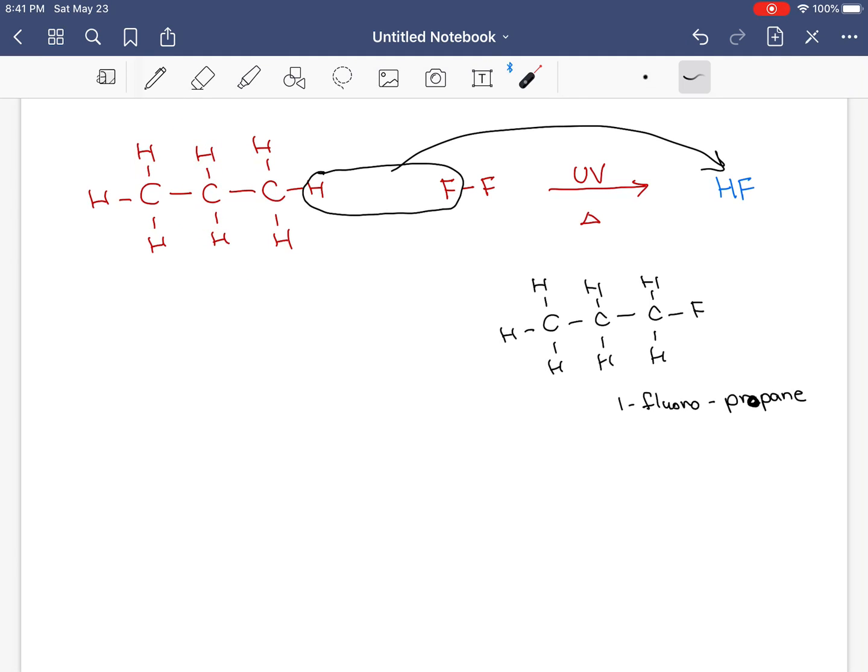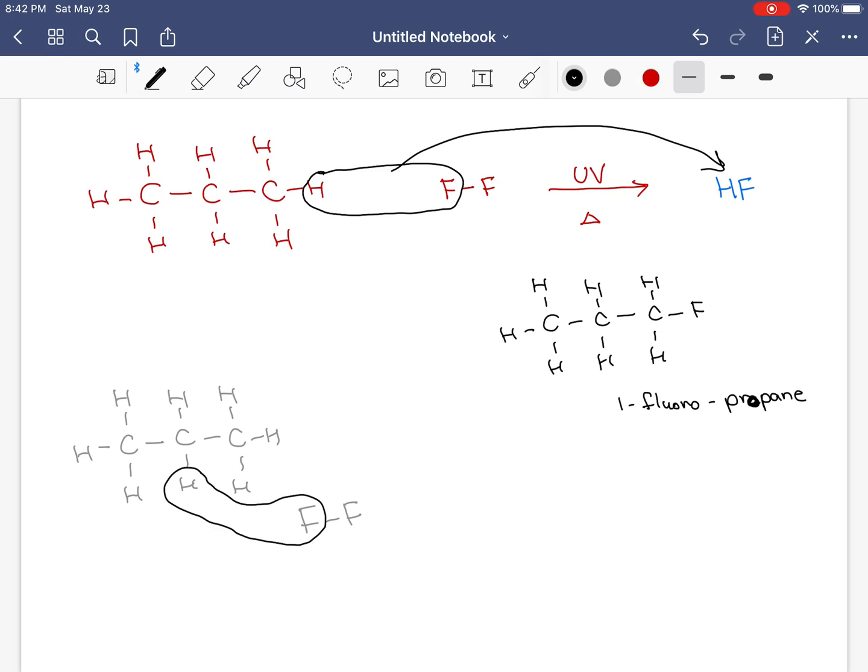Check this out. Let me use another color here. Okay, I'm going to do this reaction again. But this time, my attack is this H and this F. Okay, so under the influence of ultraviolet rays and heat, oh yeah, you're going to get hydrogen fluoride.